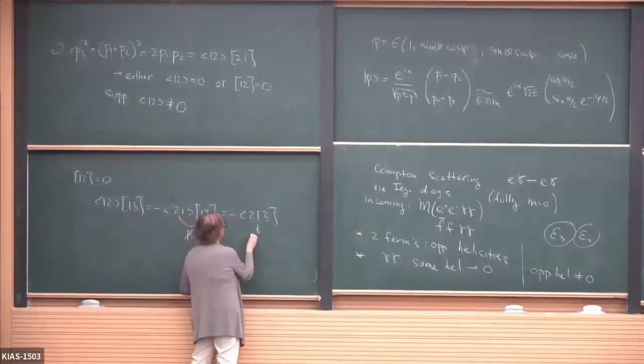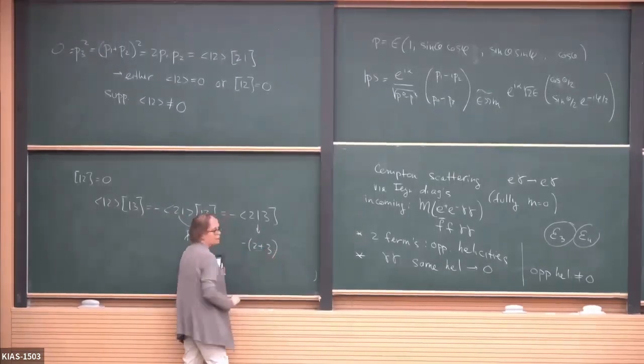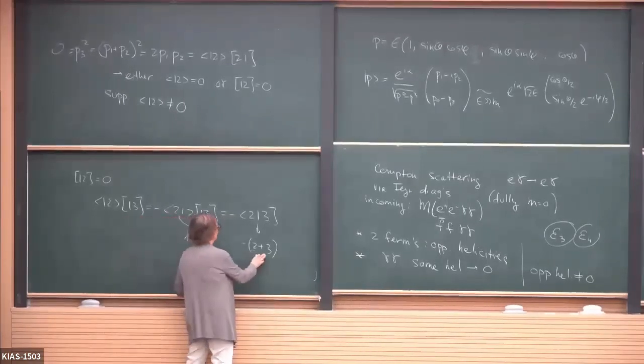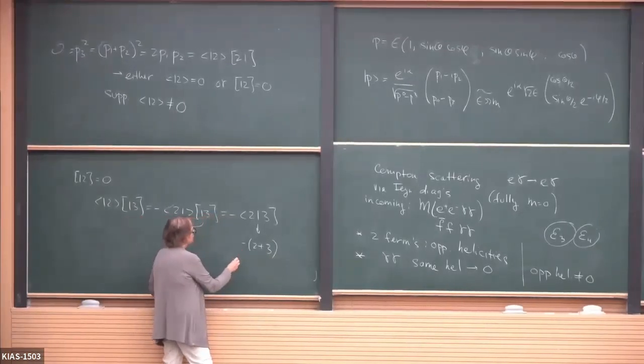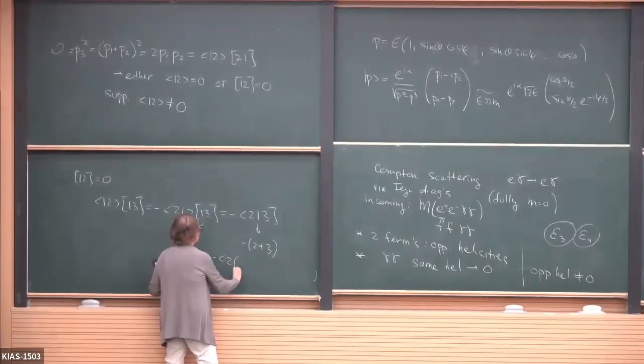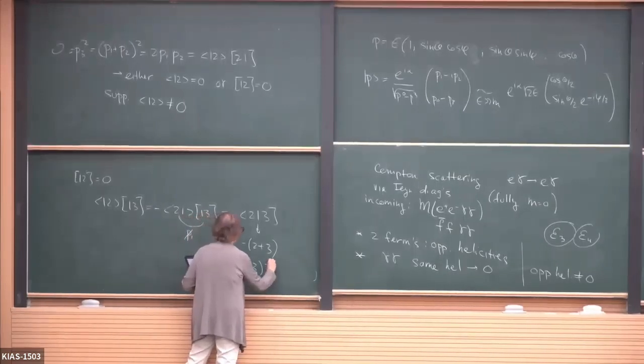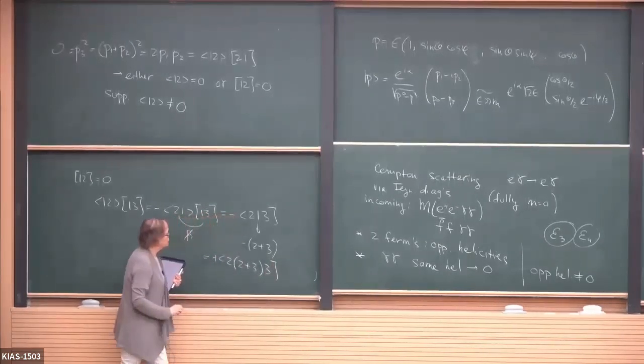And p1 equals minus p2 plus p3. Okay, I just use momentum conservation. But now you see that I get 0 on this side too, because I have p2 plus p3 here, and these are all massless spinors.